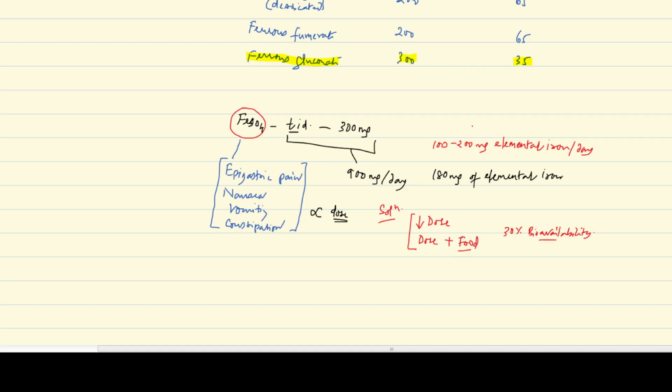The other thing that could happen is that when you take ferrous salts and pass the fecal matter out, it's seen that there would be black stools. So this could be a concern to some patients. They might be unduly worried about it. So we need to counsel them that if you take this preparation, there is likelihood of black stools being formed, and it's nothing to worry about.